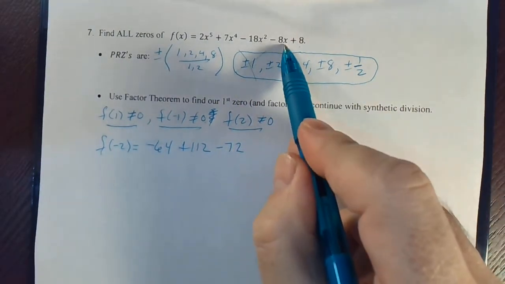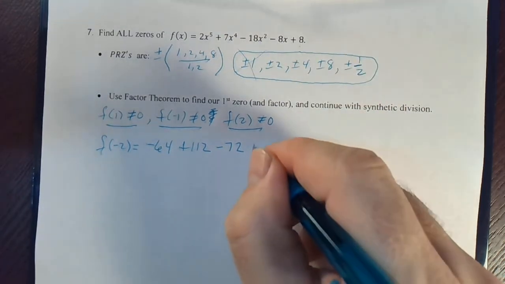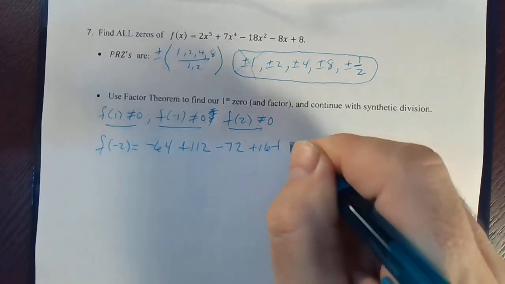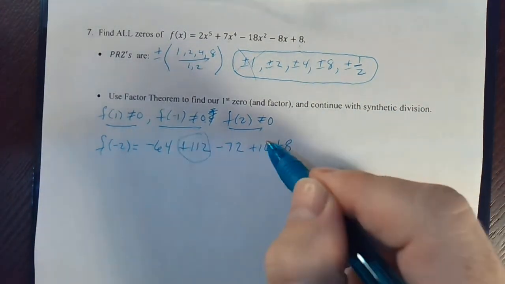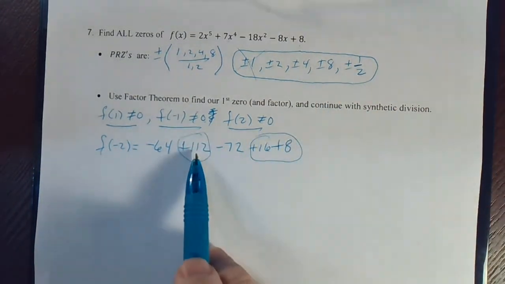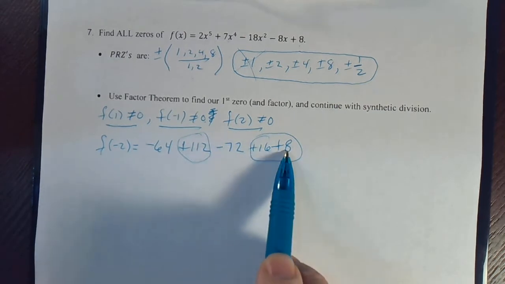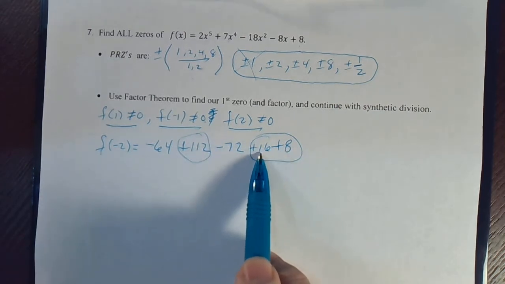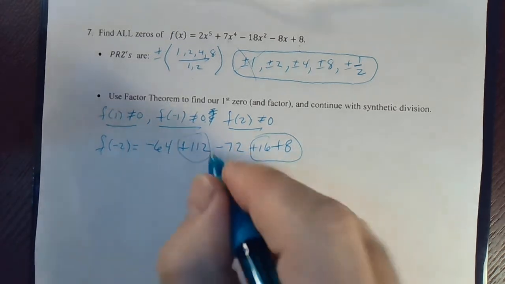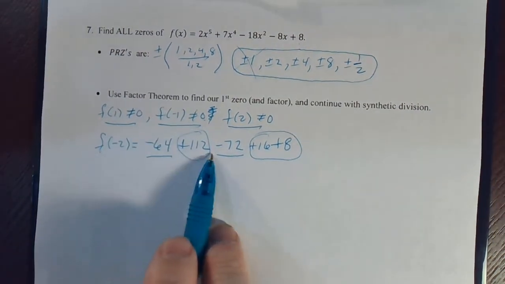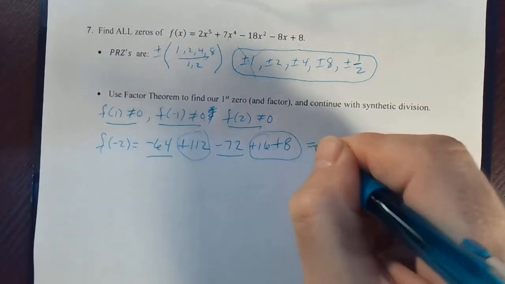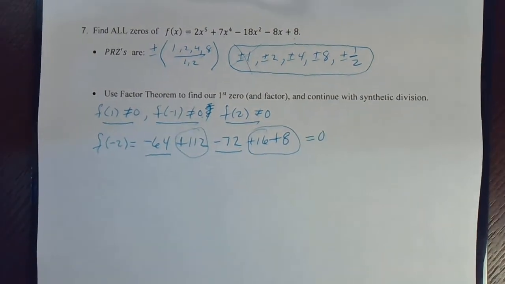And then if x is negative 2, that would be plus 16 and plus 8. So the positive numbers, 112 and 8 is 120, 136. And the negatives add up to negative 136. Got it. So negative 2 is a 0.